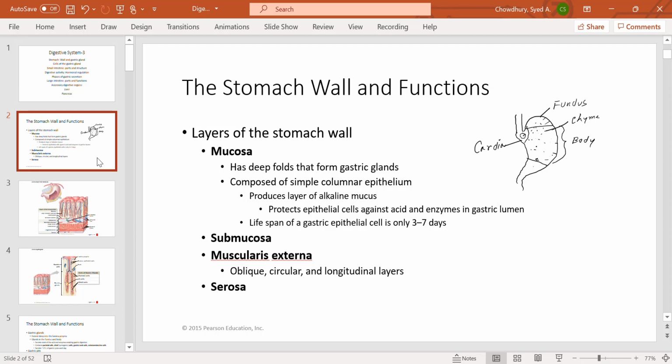And then this is the last part, the body gets narrow and forms this part. This is called the pyloric part or pylorus, okay, and the pyloric part or pylorus has two parts.